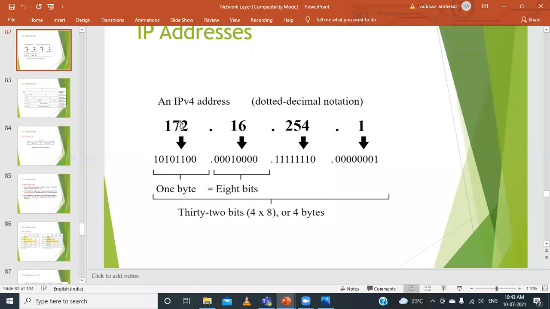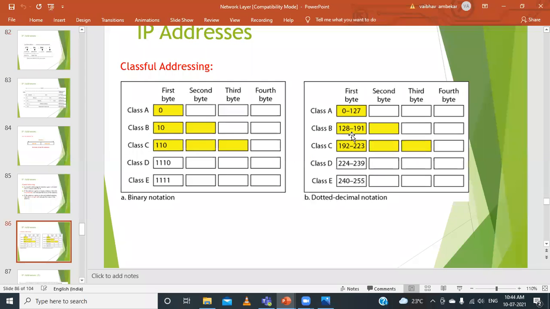That is 172. If it is 172, can you tell me which class it belongs to? It belongs to class B, because it is in this range: 128 to 191. If that is the case, then it belongs to class B.